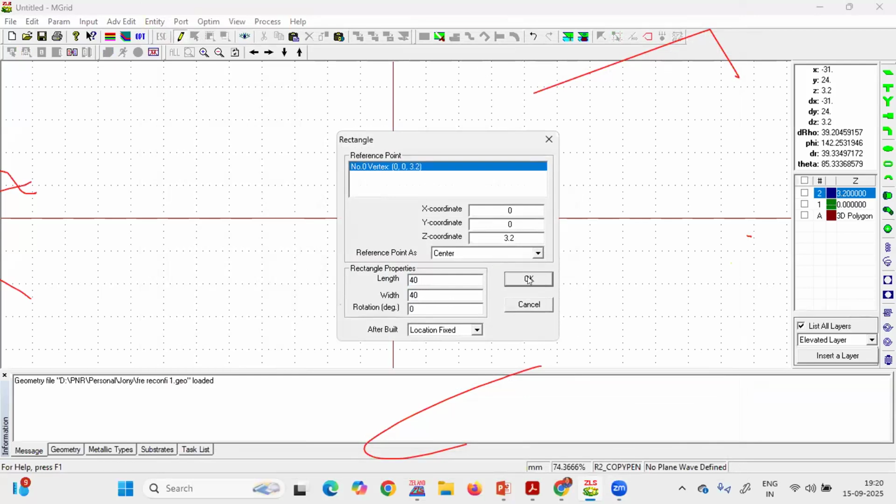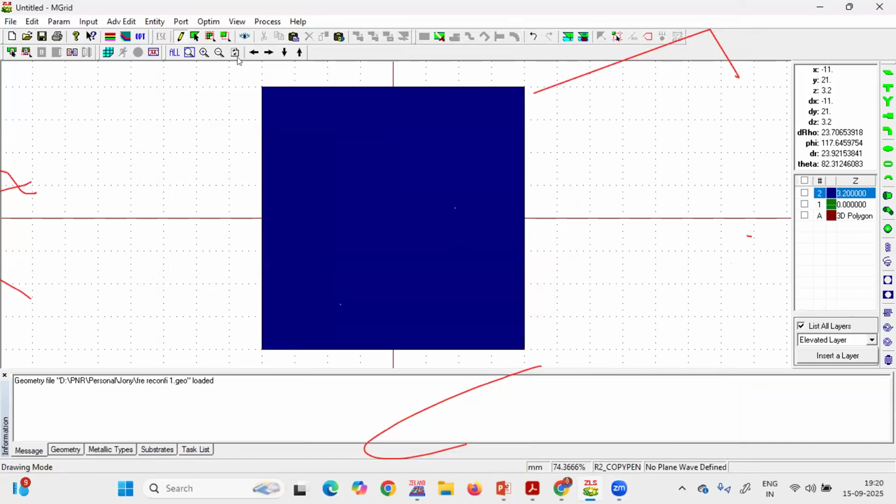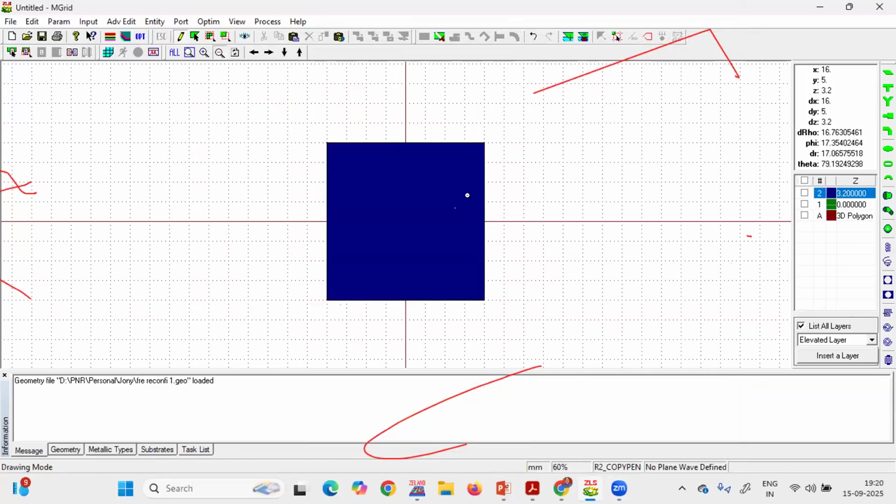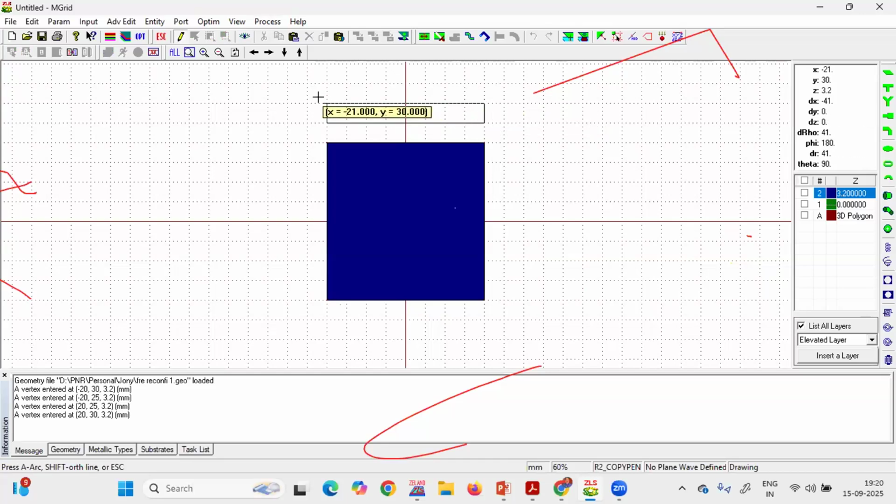Now, I want to change the configuration of the antenna, and this part of the antenna is connected through a switch. So let me design a small metallic path which will act as a switch.